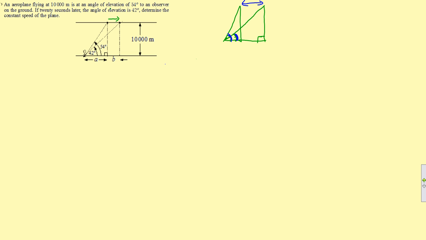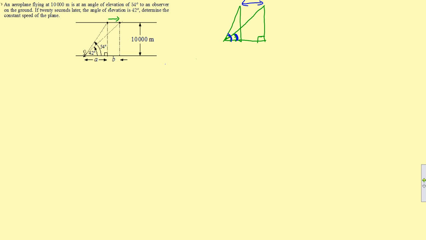so we're going to do a couple of things. Since the airplane is flying at 10,000 meters at an angle of elevation of 54, and 20 seconds later the angle of elevation has changed, that means that a certain distance has been traveled in those 20 seconds. So we're going to find what that distance is that's been traveled in 20 seconds.